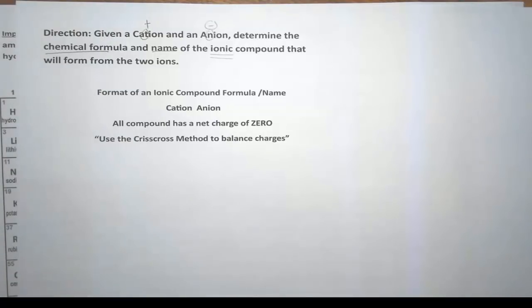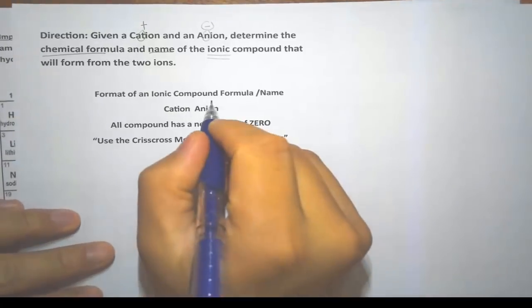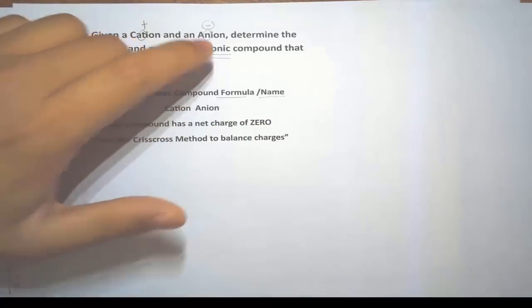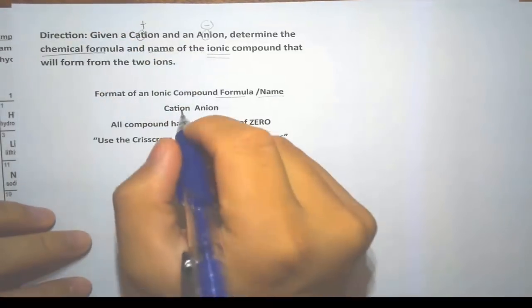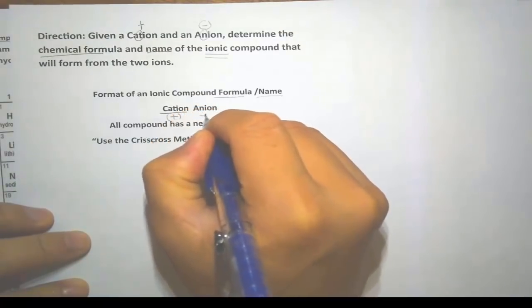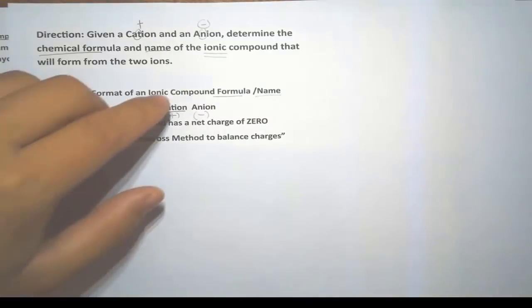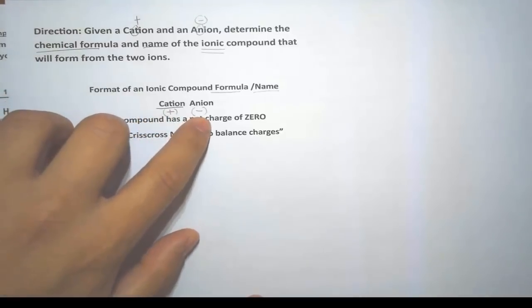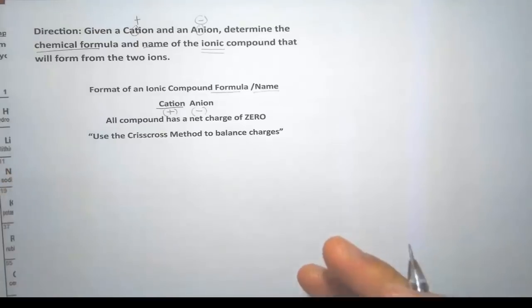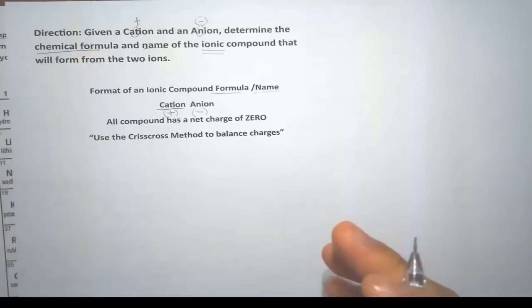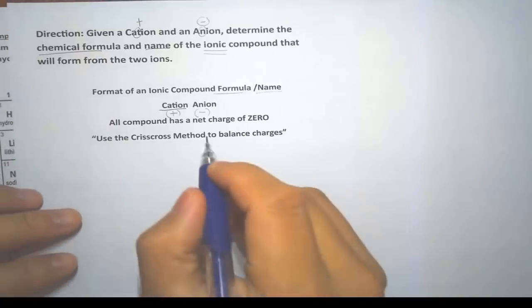But before we look at the method, we have to look at the structure of the chemical formula as well as the name. All ionic compounds will always follow this structure. It will always list the cation first, which is the positive ion, followed by the anion, the negative ion. Notice how we have a positive and a negative. So our goal is to balance out the positive and negative, because the purpose of making a compound is that they have a net charge of 0.